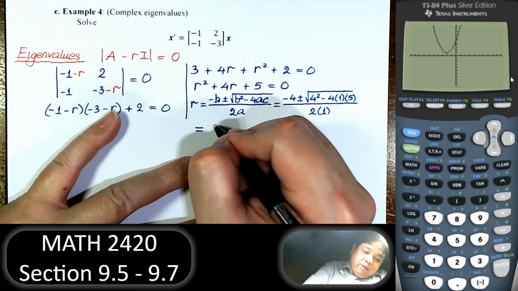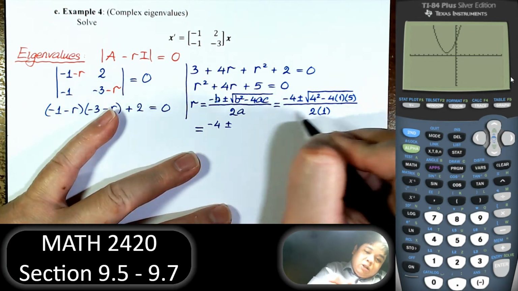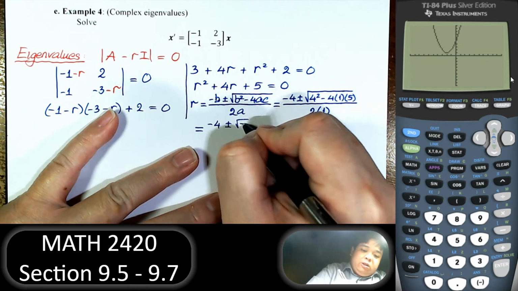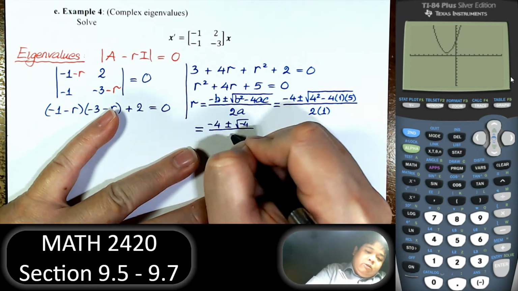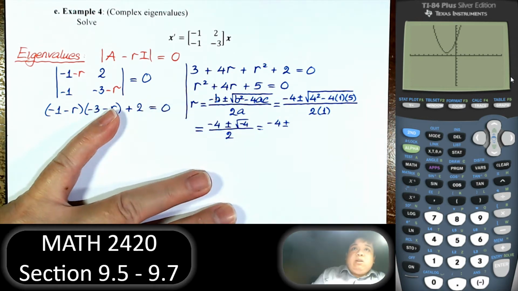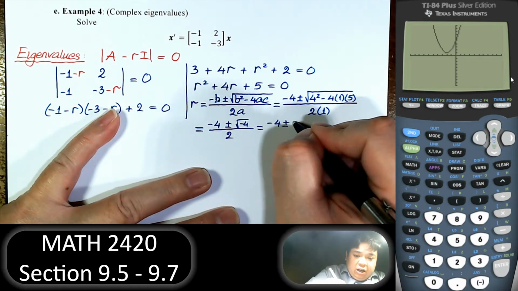So we have -4 plus or minus the square root of 4 squared, 16 minus 20, which is minus 4, over 2. So -4 plus or minus the square root of -4, which is 2i.